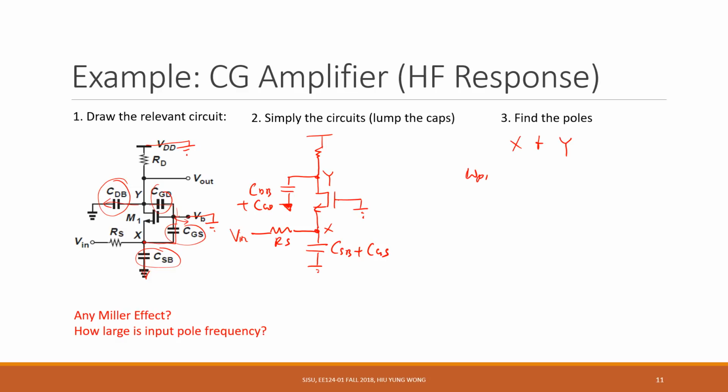Omega P1, or omega Px, equals 1 over Rs times, this is confusing, let me redraw it. We have 2 poles, X and Y, right? And we have CSB plus CGS times Rs.